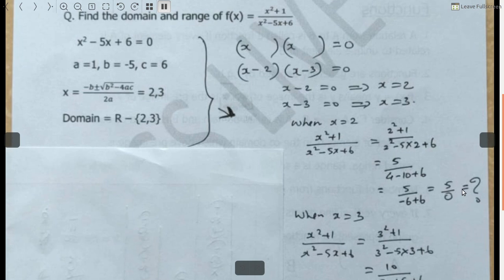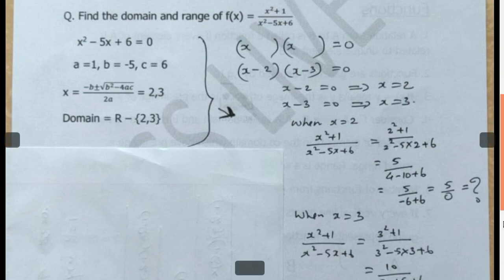Is it possible? No, because 0 cannot be a denominator; 5 by 0 is infinity, or not defined. So 2 cannot be assigned for x.